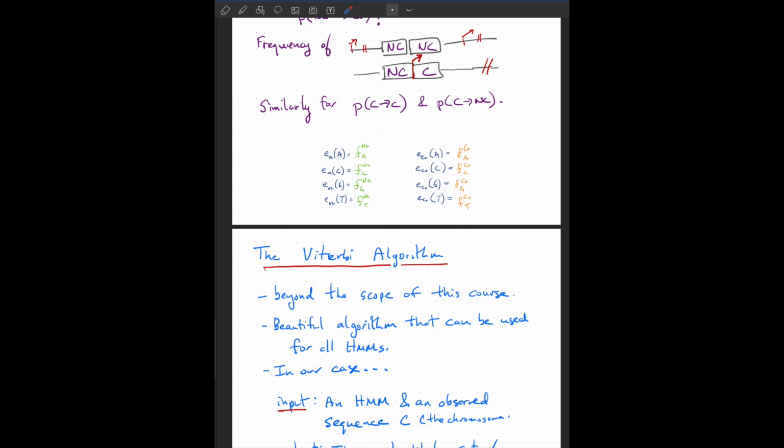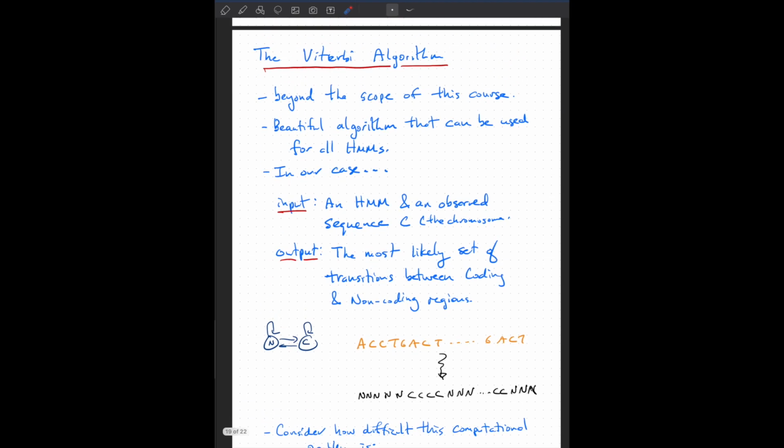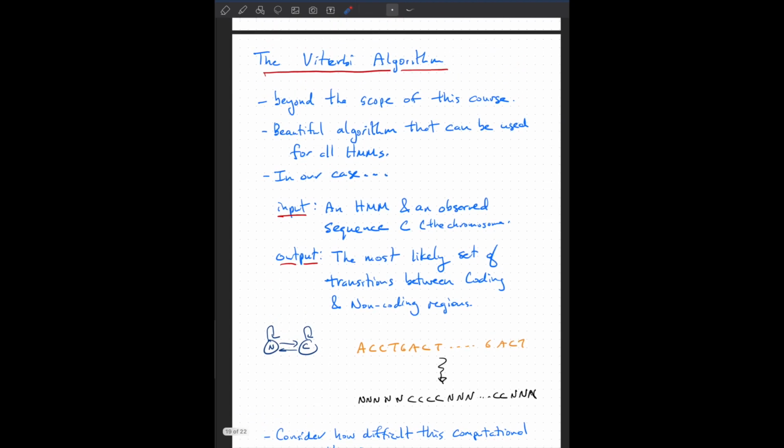It would be very difficult to use the same kind of ad hoc algorithms we used when we were looking at this betting game. A more formal algorithm, a beautiful one called Viterbi, solves this optimally in a very quick way. Now, the algorithm itself is beyond the scope of this course. It would take a good couple of lectures to explain the probability calculations.